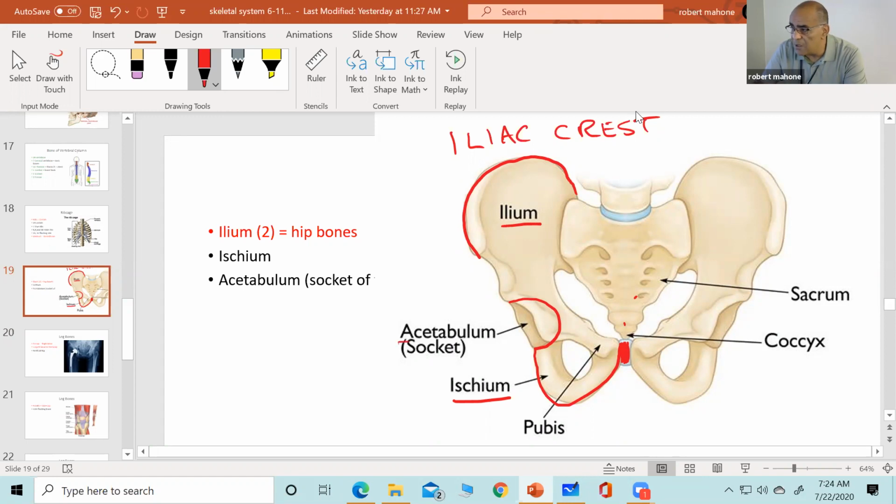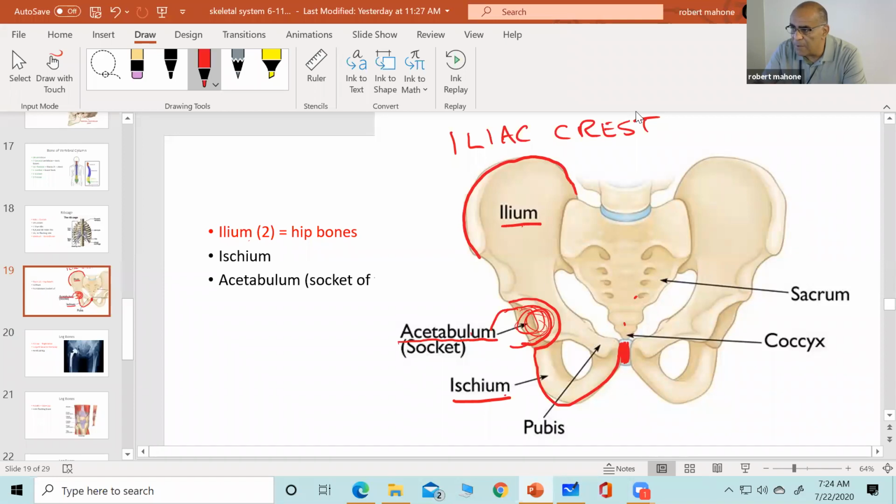And that's actually called the acetabulum, where the femur bone actually fits in there. The ball of the femur goes right in there. And we rotate around within that socket. So that is the ilium, the ischium, and the acetabulum.